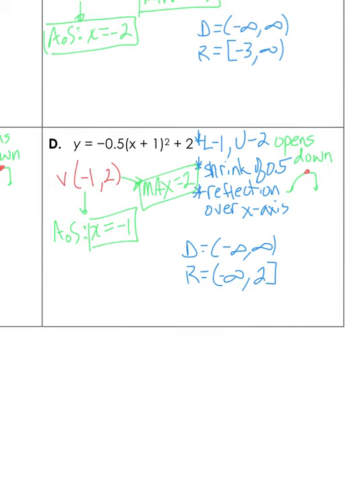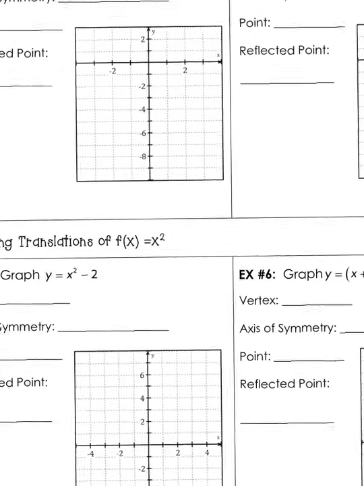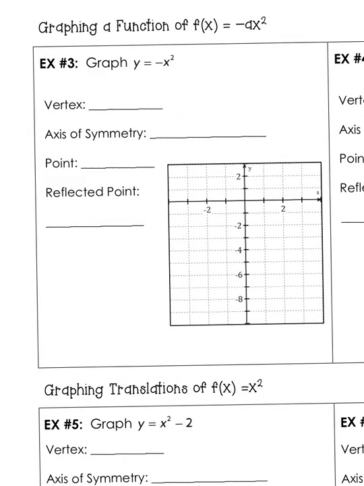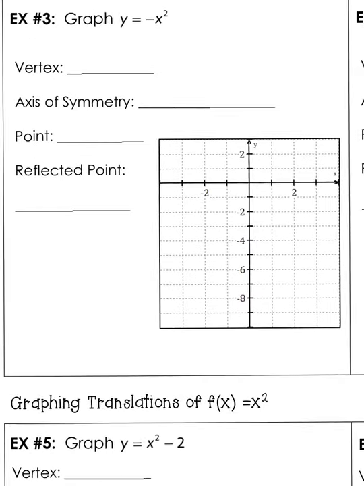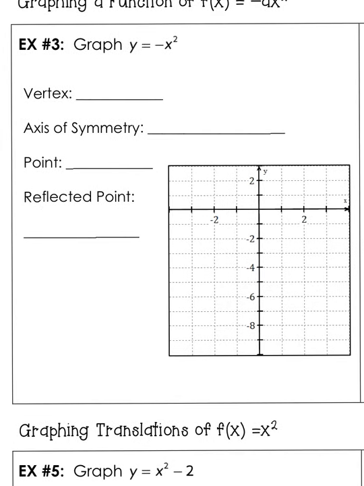All right, the last two questions. Now, what happens if we put a negative? What happens if A turns negative? Well, if A turns negative, then the parabola is going to reflect across the x-axis. So for this one, my parent function used to be here.